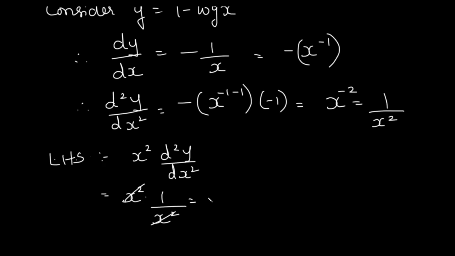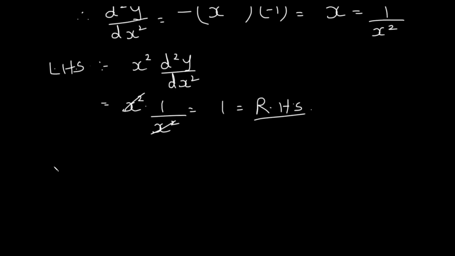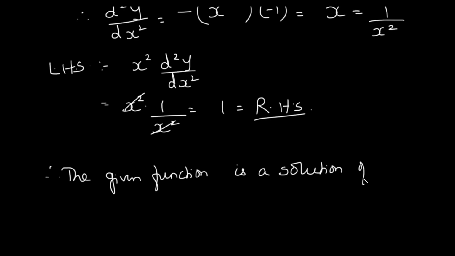Obviously this gets cancelled, so we get 1 which is equal to RHS. So therefore our conclusion, and conclusion carries marks, so remember to write the conclusion. Therefore the given function is a solution of the given differential equation.